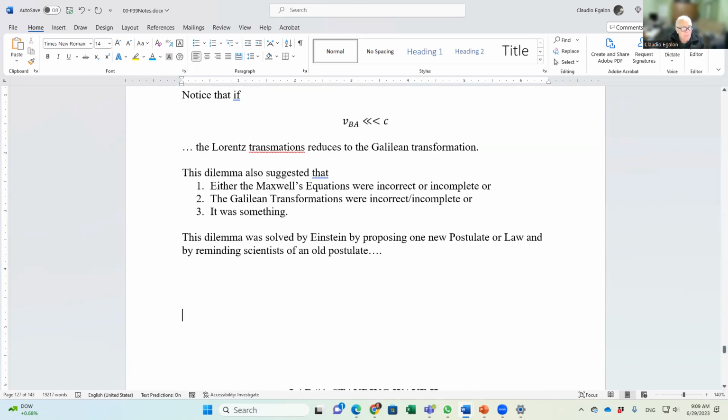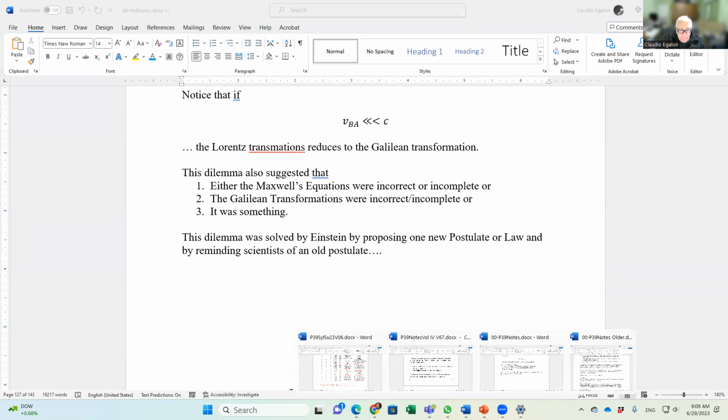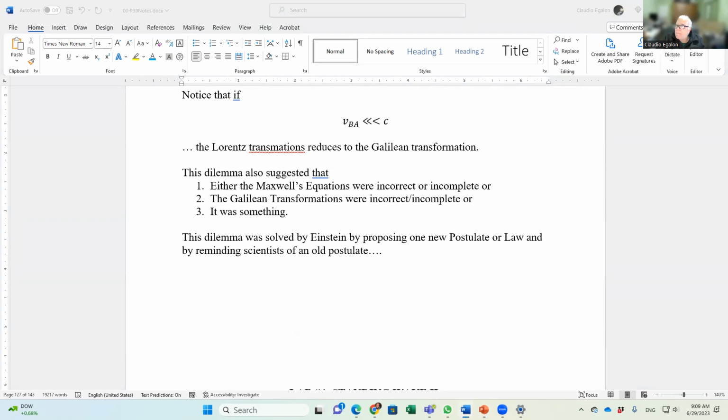So it's only two postulates, only two laws. Relativity has only two laws. So what are the postulates of relativity?